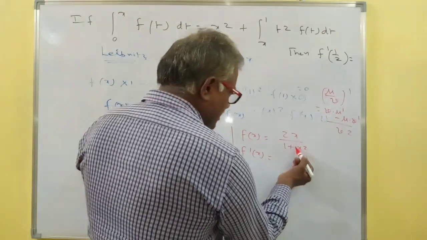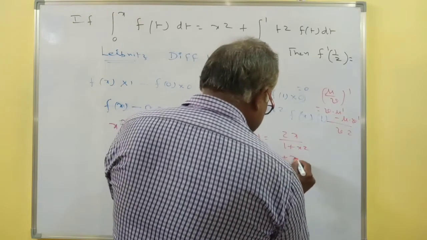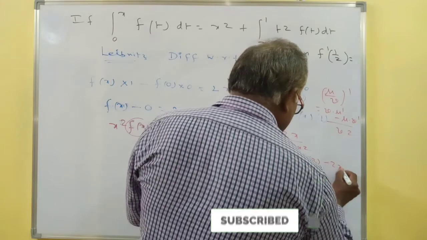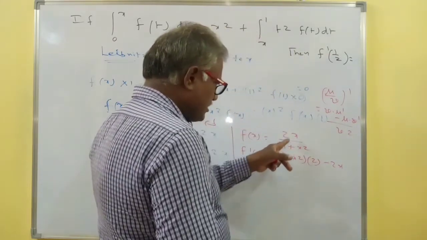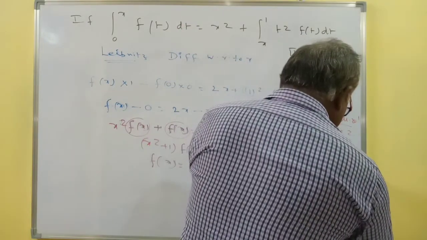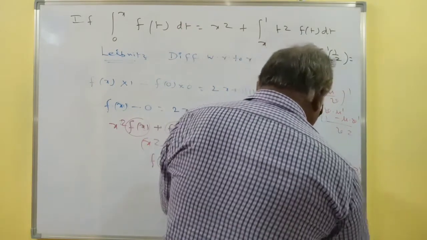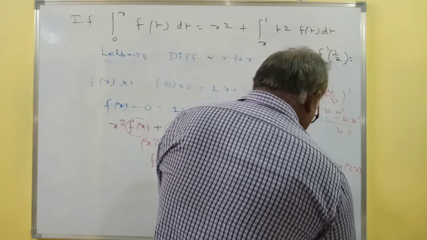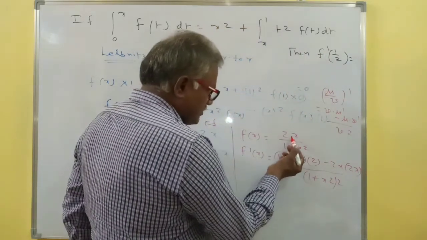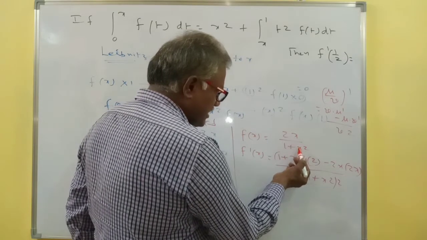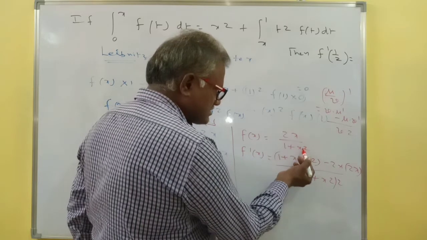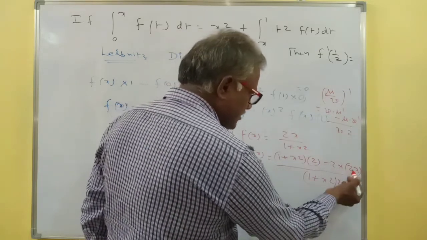So here the denominator 1 plus x square into the derivative of 2x, which is 2, minus 2x into the derivative of the denominator, all by 1 plus x square whole square. Here v into u dash minus u into v dash. The derivative of x is 1, and for x square the derivative is 2x.